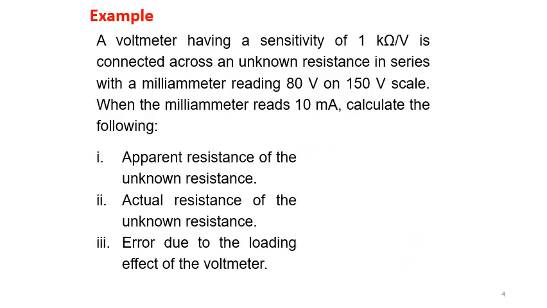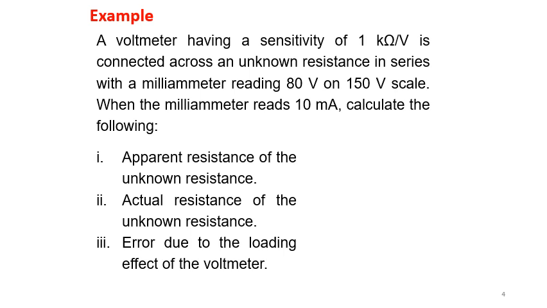Another example on error calculation. A voltmeter having a sensitivity of 1 kilo ohm per volt is connected across a resistor in series with a milliammeter, reading 80 volt at the 150 volt scale.